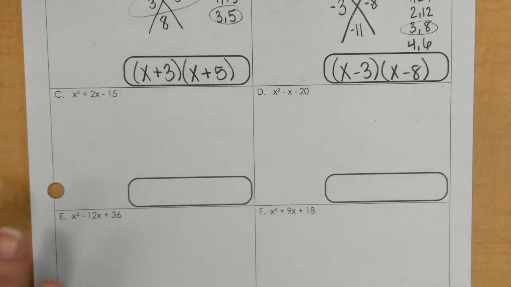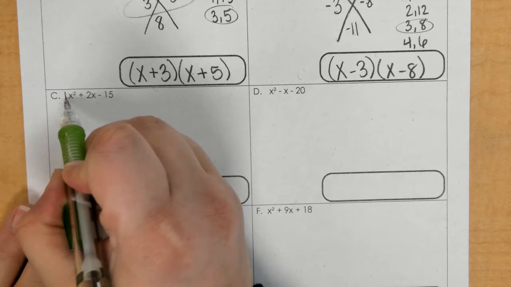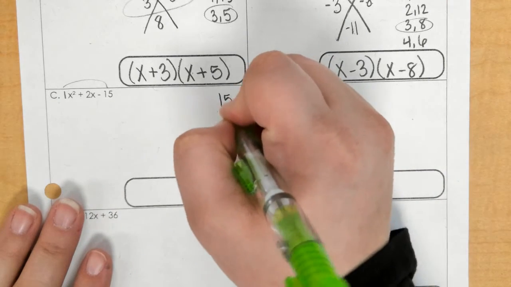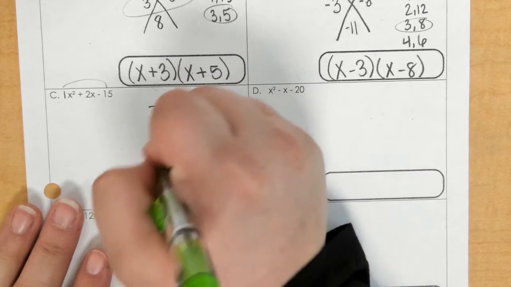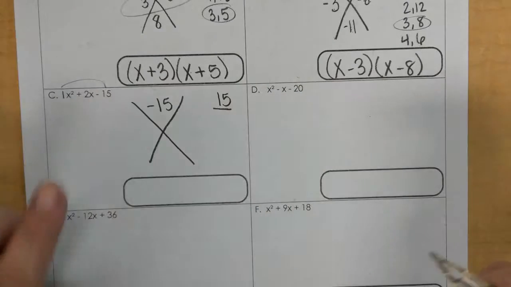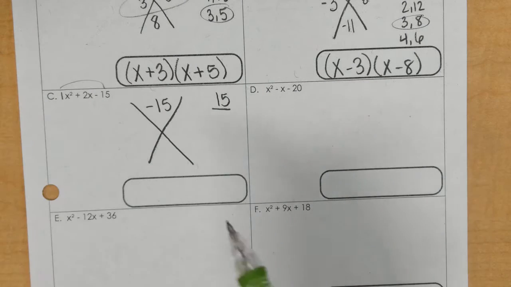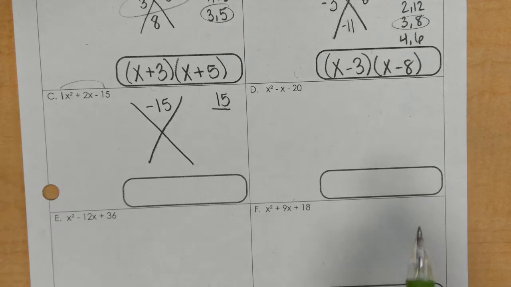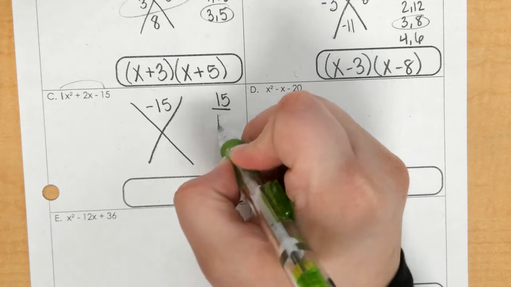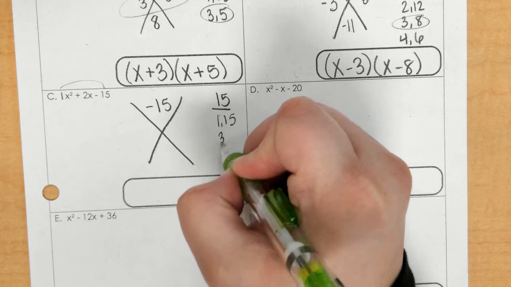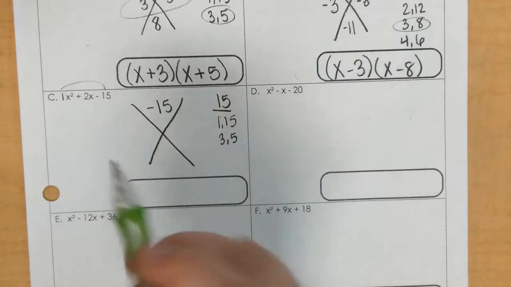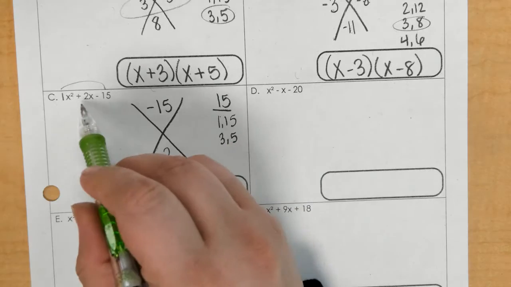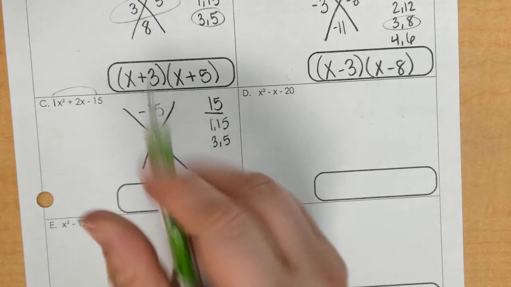Alright, the next ones. So there's a 1 here. So 1 times negative 15 is negative 15. Okay, so I need to have the negative in the x. I don't really need it over here for the list of numbers. So for the list of factors, we've got 1 times 15, 3 times 5. And we're trying to get to a 2.